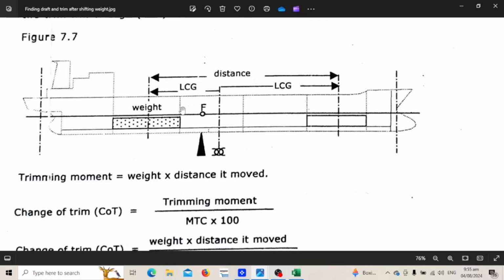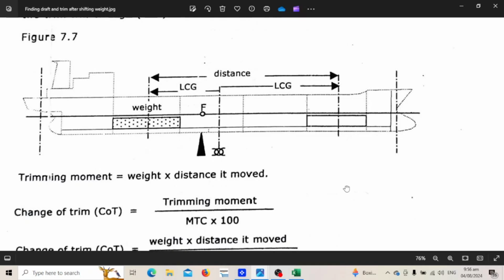Every hold has an LCG. From the center of flotation to hold number 1, your LCG is negative. Remember guys, from the center of flotation going to the center of hold number 1, your LCG is negative. And from the center of flotation going to the center of hold number 2, your LCG is positive. So the aft part will always be positive and the forward part will always be negative.